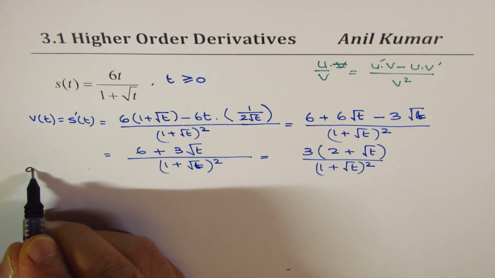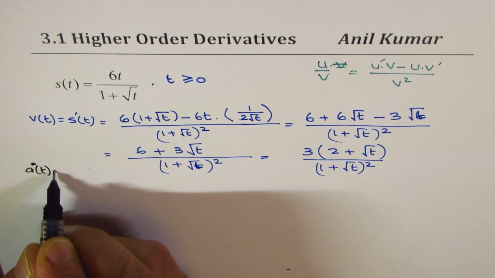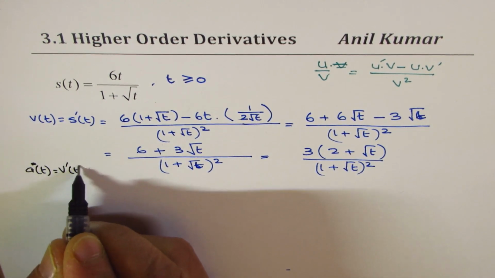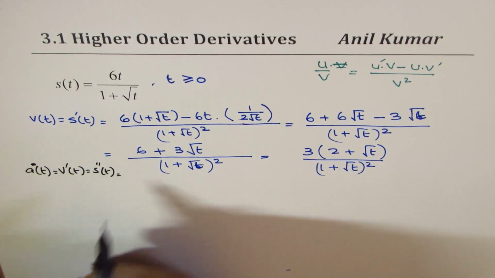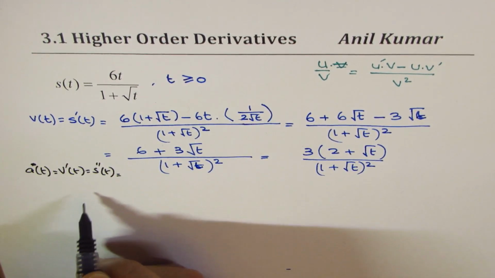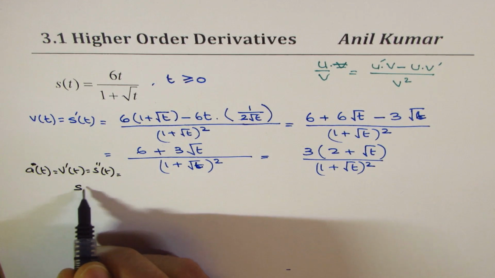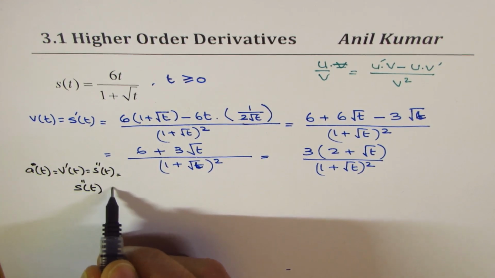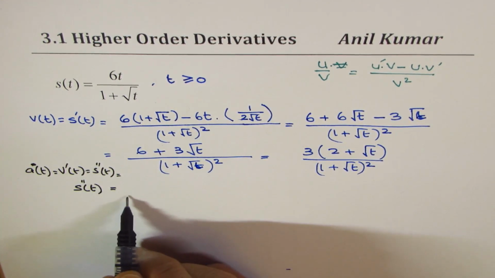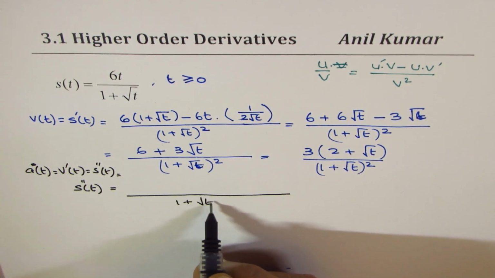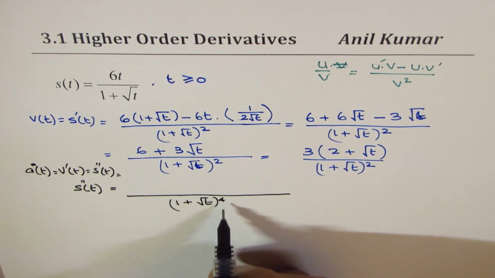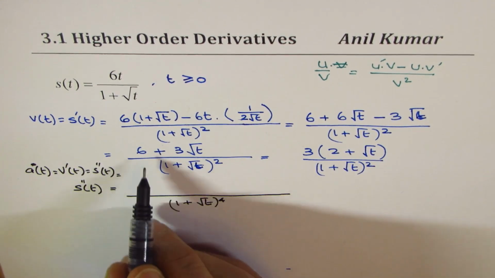As you know, the second derivative will be acceleration, which is actually first derivative of velocity and second derivative of displacement. Correct? So let me rewrite here. Second derivative of displacement is equal to denominator square, which is 1 plus square root t, now to the power of 4 since it is already squared.